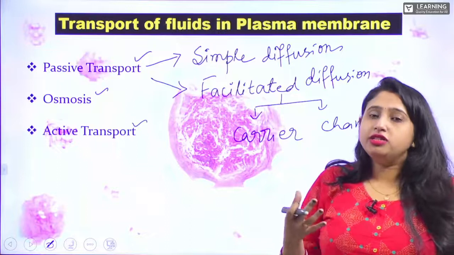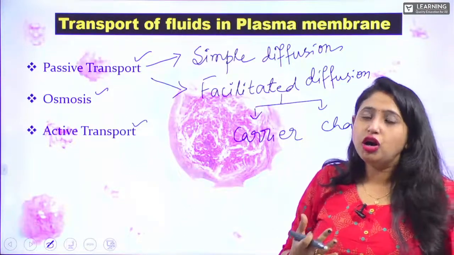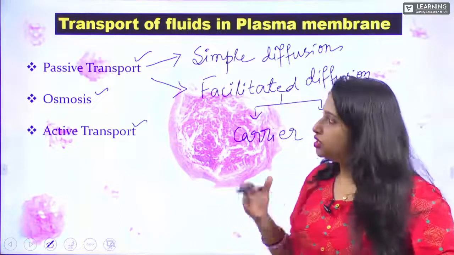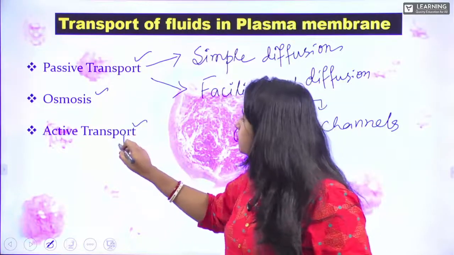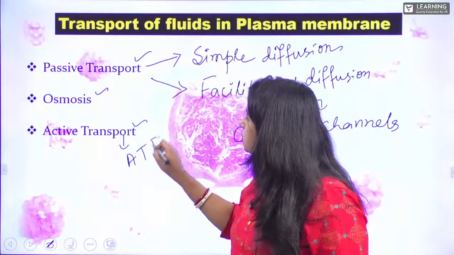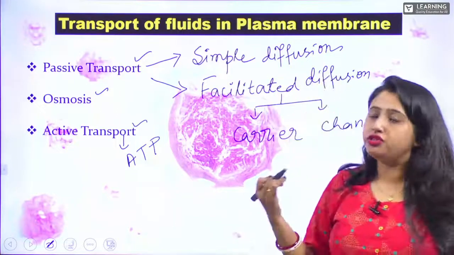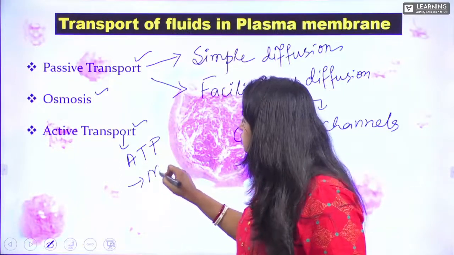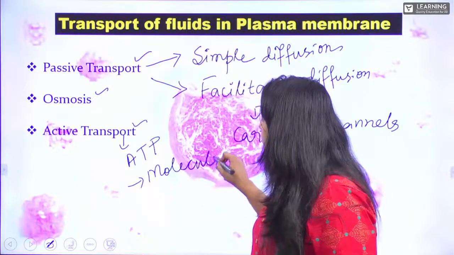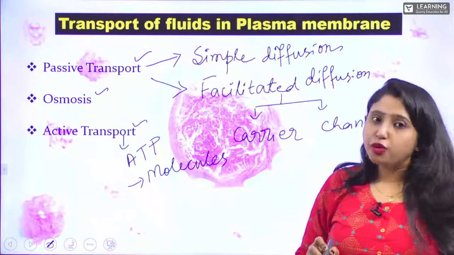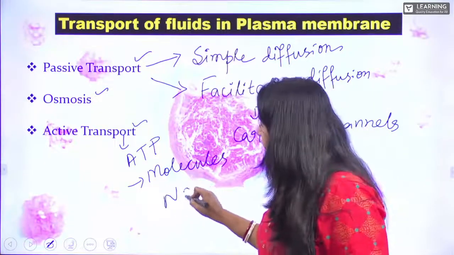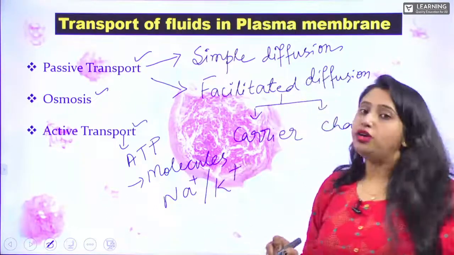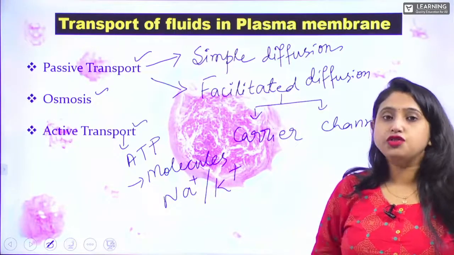And active transport requires ATP, that is, energy, to transfer the molecules. Basically here the protein pump, Na+ K+, is a protein pump which is used for the transfer of molecules.